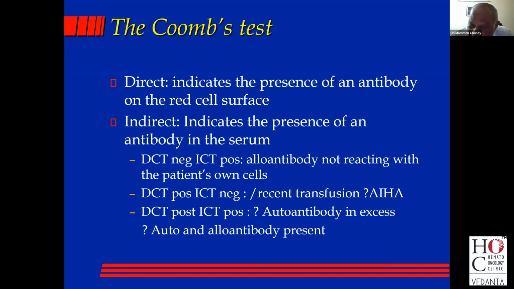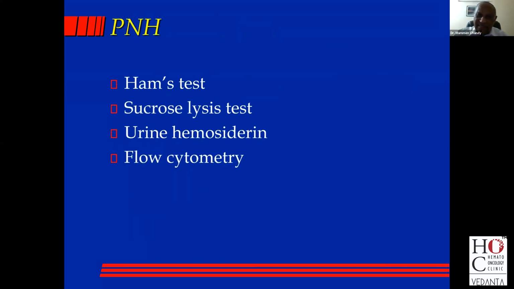So there's an antibody in the patient's serum, but it's not present on his red cells. Therefore, an ICT positivity indicates previous immunization by pregnancy or transfusion, and it is not indicative of an autoimmune hemolytic anemia, right? These are the tests which we do for PNH.